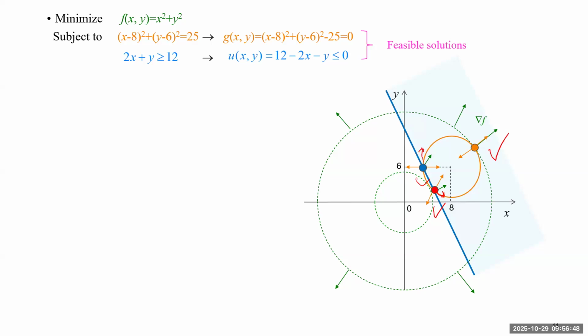But if we also introduce the force due to the inequality constraints, the physical meaning of this blue arrow is that if you violate this inequality constraint, there will be additional force or penalty added here.